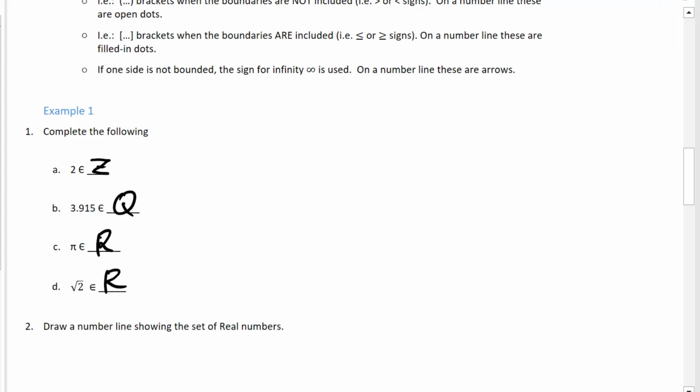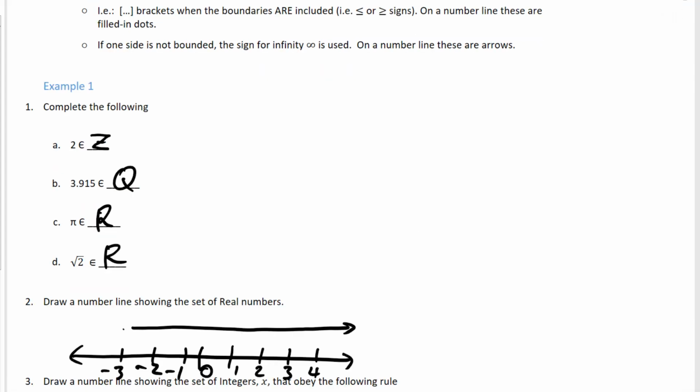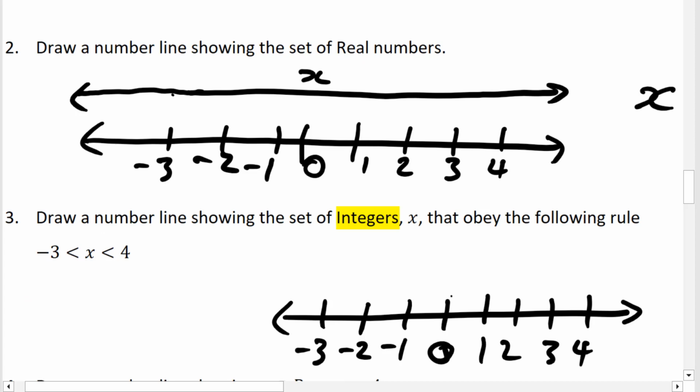All right, we're going to draw a number line now. This one is all real. So it's every single number. X is an element of all real. So if it says integers, you just do dots. So it's not including -3.